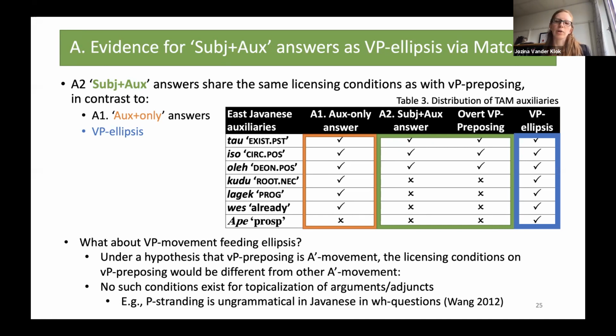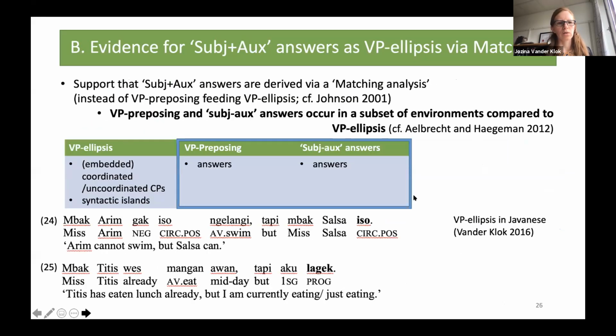But a possible counter argument is that, well, maybe VPs are just very different than DPs and PPs. So I wanted to look at another piece of evidence that might suggest that VP preposing is not feeding ellipsis, and in support of a matching analysis.